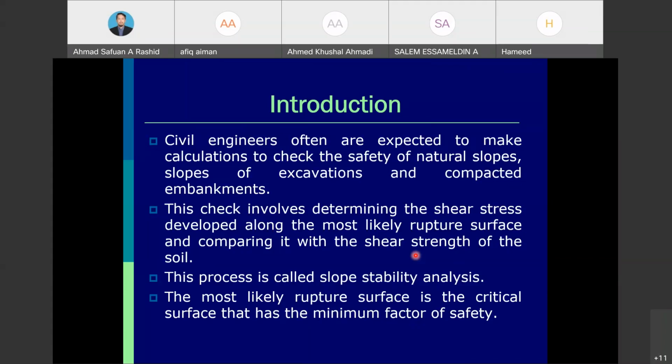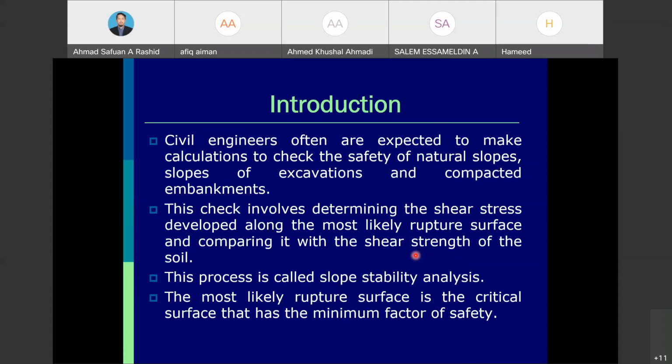Our role is to determine the stability by assuming there is a rupture surface developed inside the slope structure. By knowing the rupture surface, we can start to use the properties of the soil in the calculations.